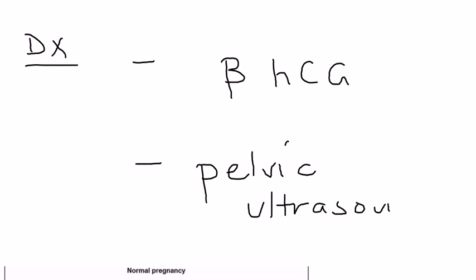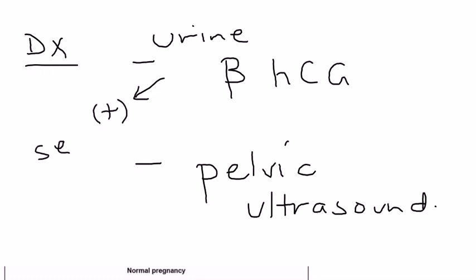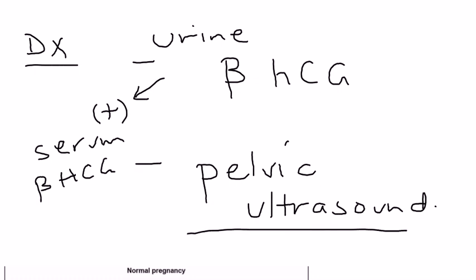And these two tests are the ones that you would do when you suspect an ectopic pregnancy. The first one initially is done with urine, and then if it's positive, they sometimes will repeat the test with the patient's blood.